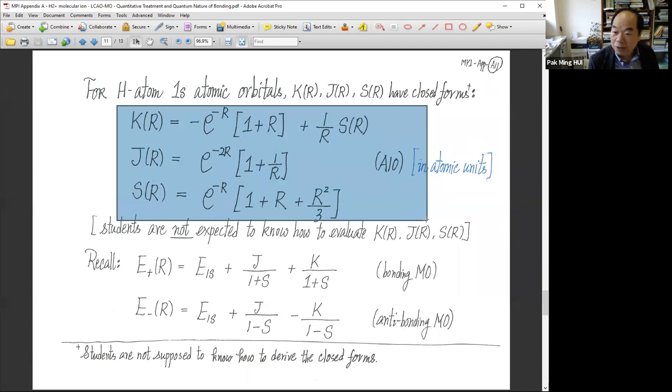It is similar to some helium atom integration, but now it's two centers, okay? But doable, very doable. These are analytic exact results for the three integrals in atomic units.